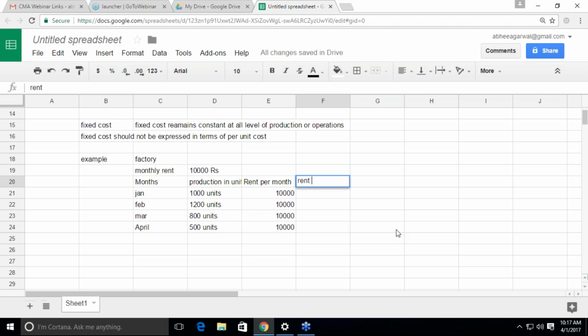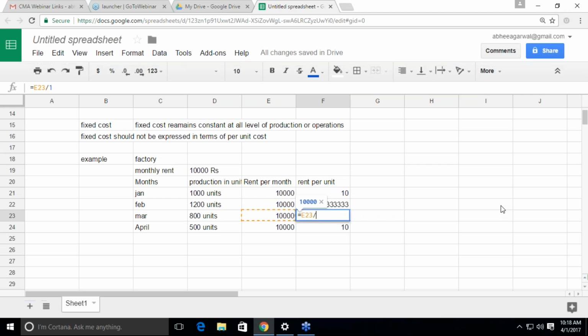But if I calculate rent per unit, then in January 10,000 divided by 1,000, your rent per unit is 10 in the month of January. Then 10,000 divided by 1,200, it is 8.33.